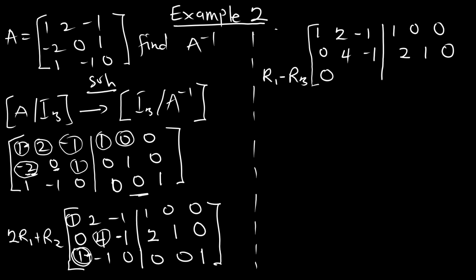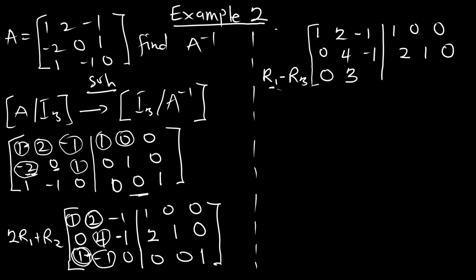Are we okay? So this is going to be on row 3. We are saying row 1 minus row 3, so that is going to be 2 minus negative 1, and that is going to give us positive 3.